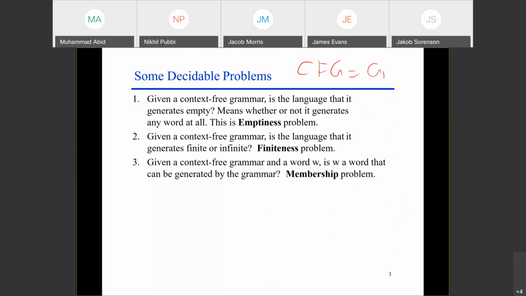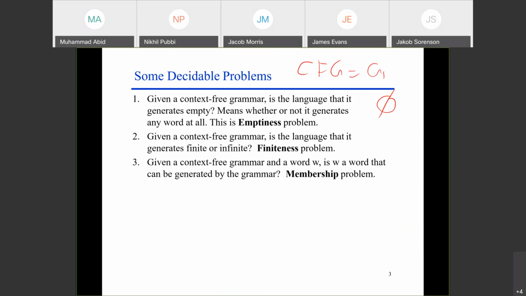This is the emptiness problem. By looking at the grammar, without having information about the language it defines, can we figure out whether this grammar can generate any word, or whether it defines an empty language? We can do that. We have a method to figure it out.